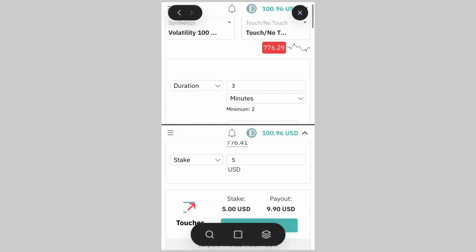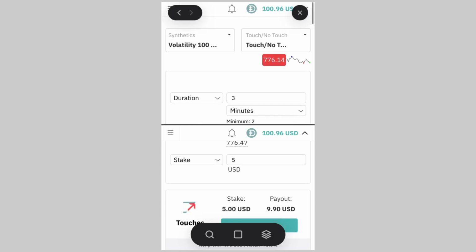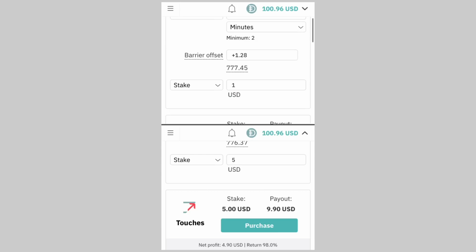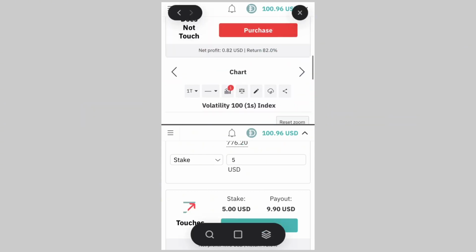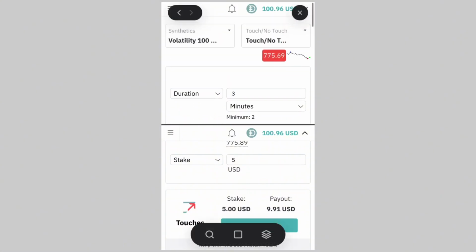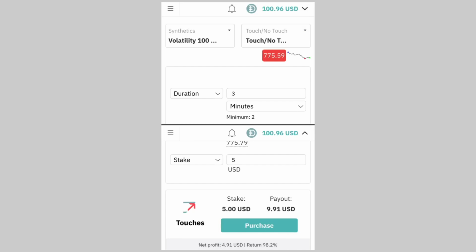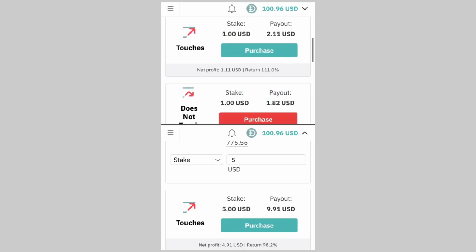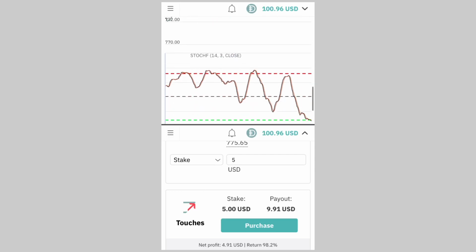Touch no touch, vix100 1x. You can leave the duration because it's still the same system. Once you have clicked on touch no touch and the vix100 1x index, you can leave the other things. Then come to your indicator side.